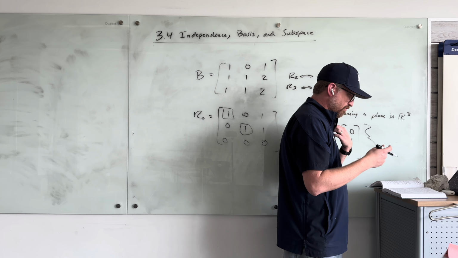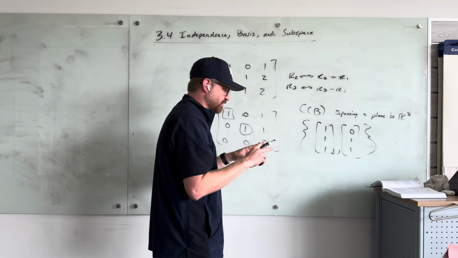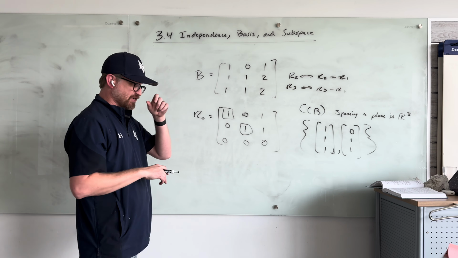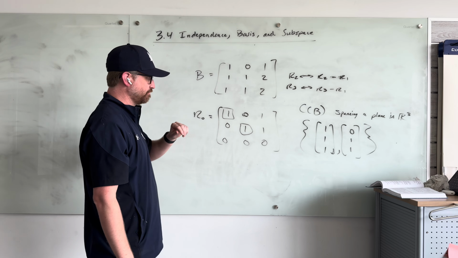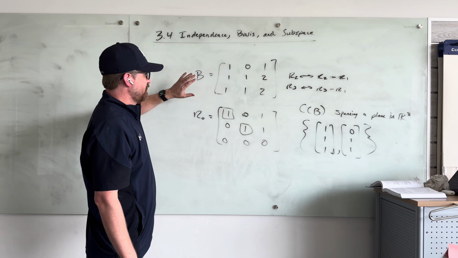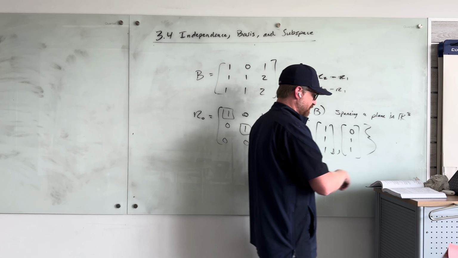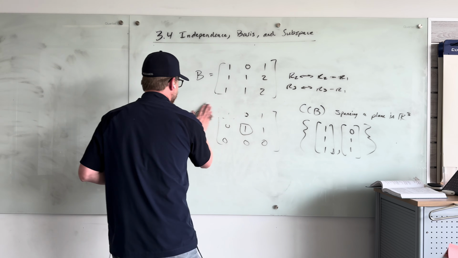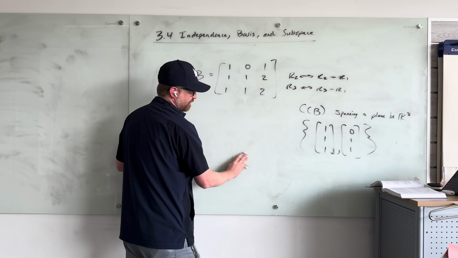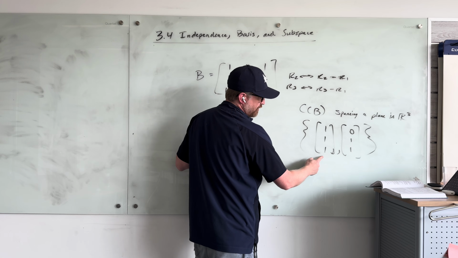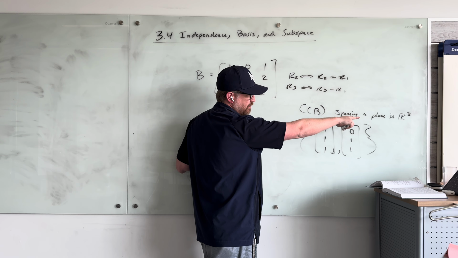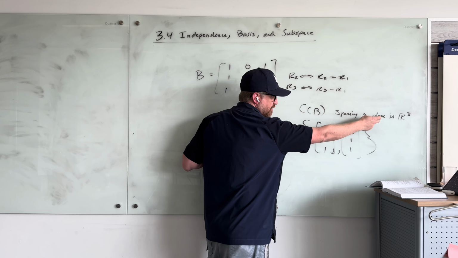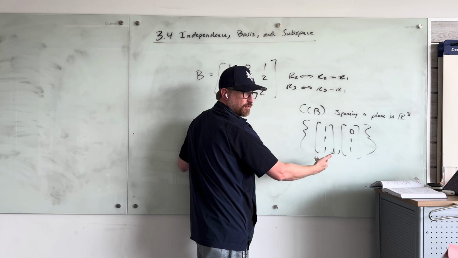And now, where we'll kind of leave off, and where this leads into the final part of this 3.4 section, is that if I had a list of independent vectors, for example, remember how this does not create all of R3? It's spanning a plane in R3 because there's only two columns.